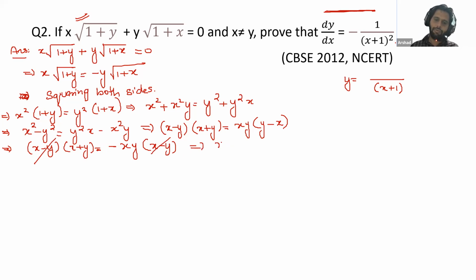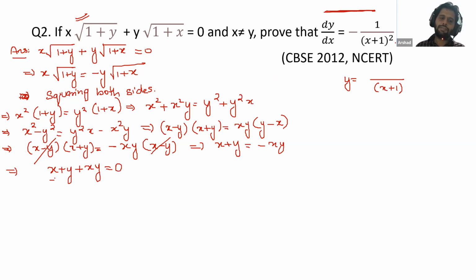Finally you will get x plus y is equal to minus xy. But we will not differentiate this at this step, because we need x plus 1 in the denominator. So we can shift this minus xy to the left side. You will get x plus y plus xy is equal to 0. Shift this x to the right side.